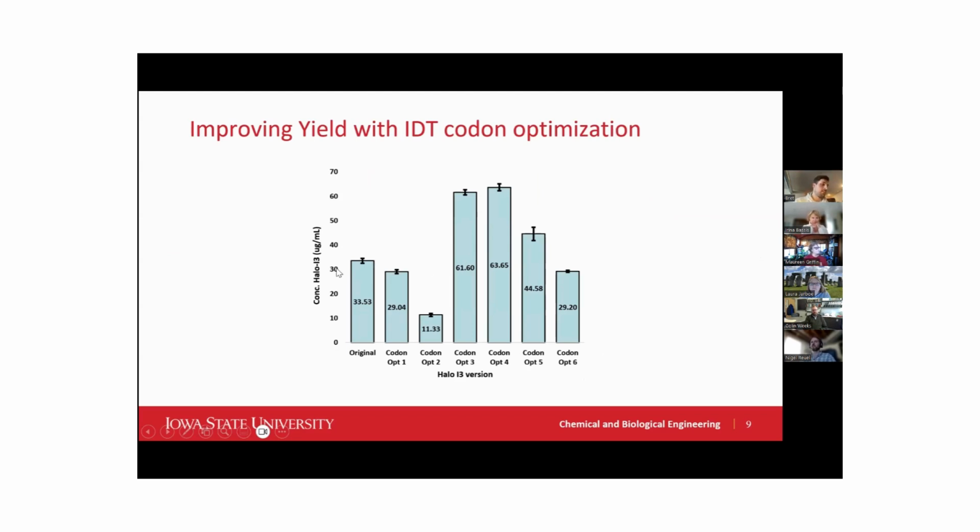Then I measured its expression in cell-free. You can see that, compared to the original, I was able to nearly double my expression just through that codon optimization, which was interesting.